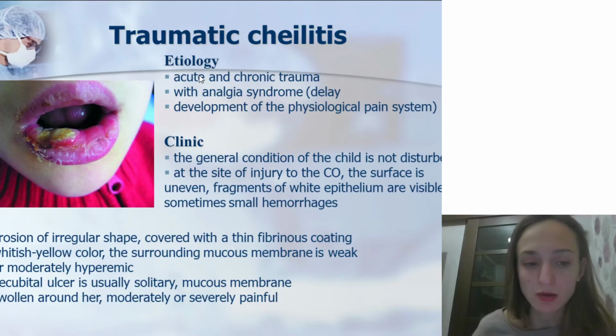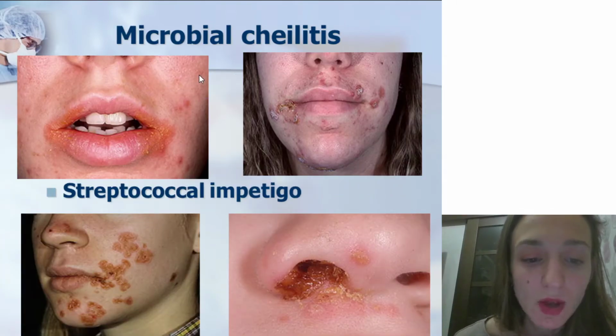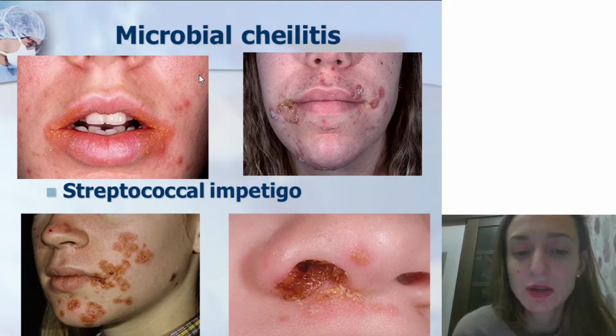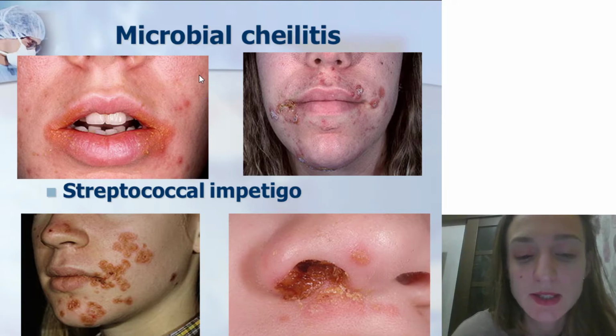What about diagnostics? For diagnostics, bacteriological examination of material from affected areas should be performed in these cases, and treatment depends on the result of the bacteriological analysis, and antibacterial treatment, of course.